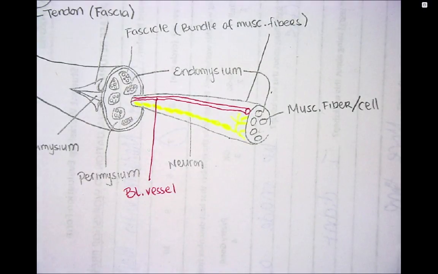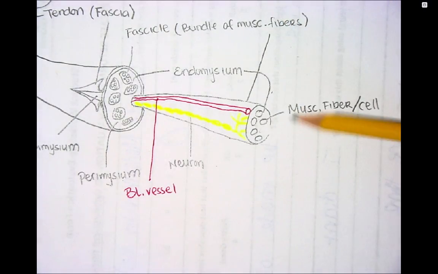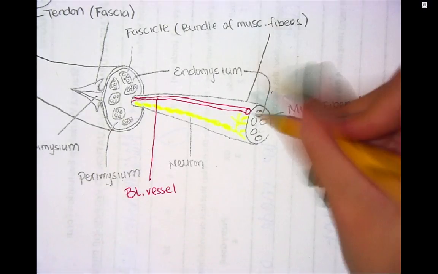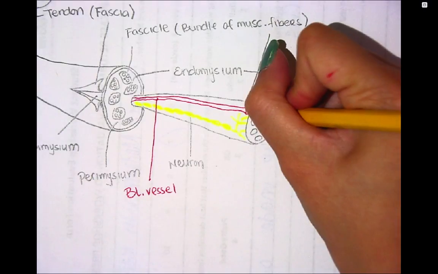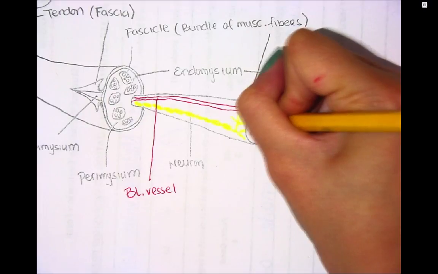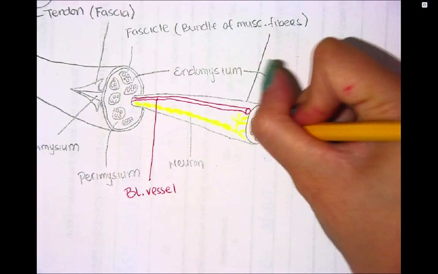And then inside of each muscle cell, you actually have fibers, which means you have more circles inside of those. I'm drawing more circles inside of the muscle fibers.